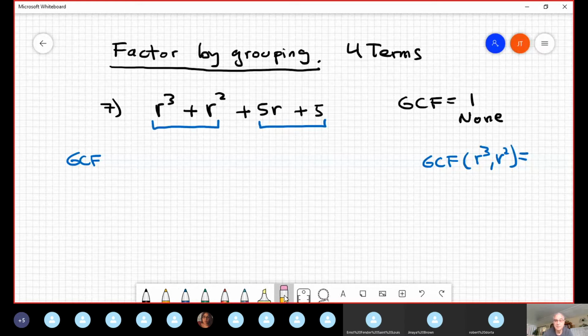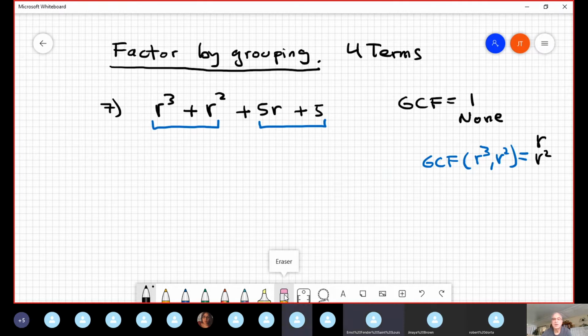Tell me. R. Everyone agrees it's R, 1R or 2R? Is it 1R or 2R? 2R. Exactly. Two. Look, let me show you. r cubed is r times r times r. r squared is r times r.